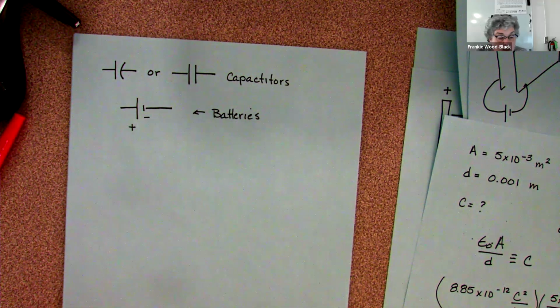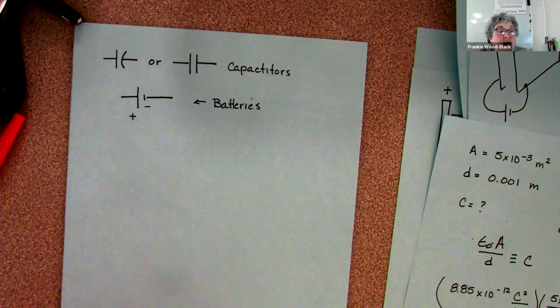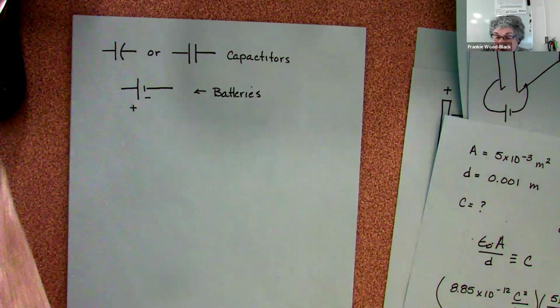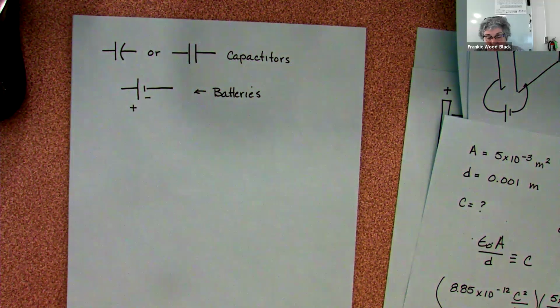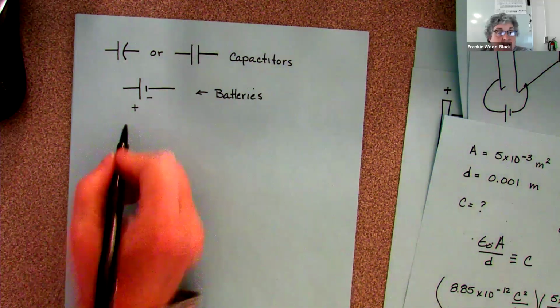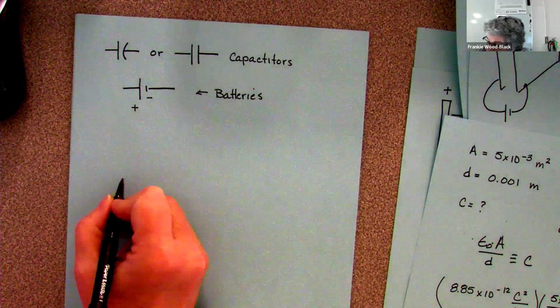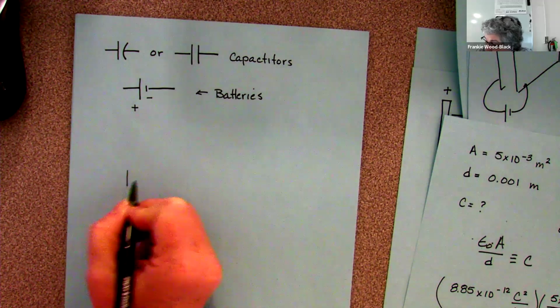Now, just because of time, you've got it in Blackboard, but we are going to look at how to connect these things into a circuit. If you think about a circuit, let's think about what happens at our house.